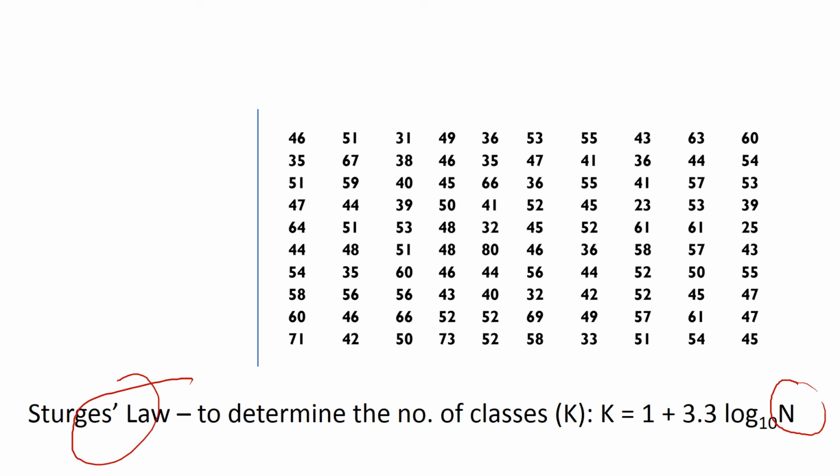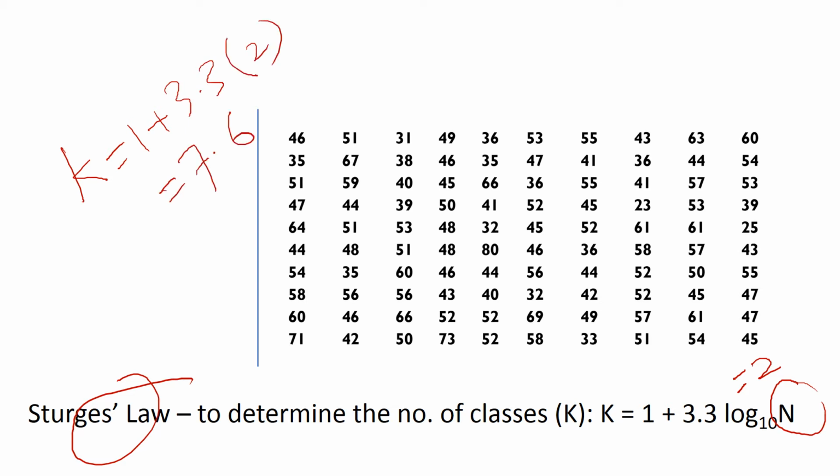So log 10 of 100 is equal to 2. The number of classes k is then 1 plus 3.32 times 2, which is 7.6. Then we round this up and it becomes 8.